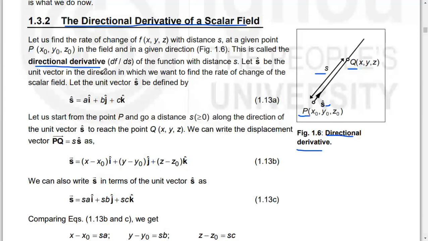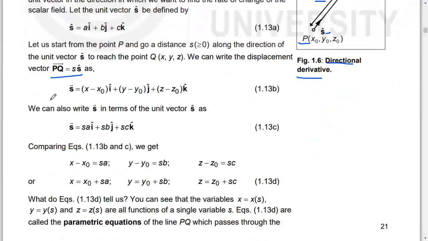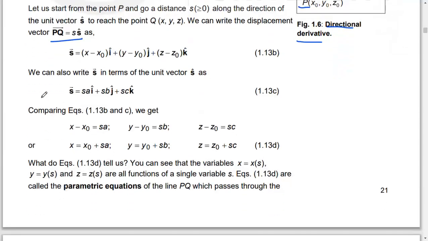To reach the point Q of x, y, z, we can write the displacement vector PQ equal to s times s cap, as s vector equal to x minus x0 i cap plus y minus y0 j cap plus z minus z0 k cap. We can also write s in terms of the unit vector s cap as s equal to sa i cap plus sb j cap plus sc k cap.